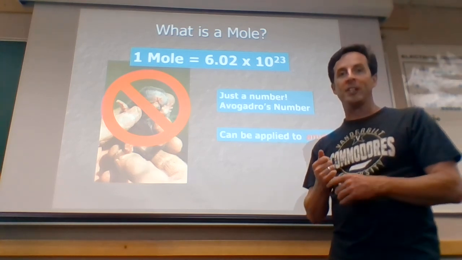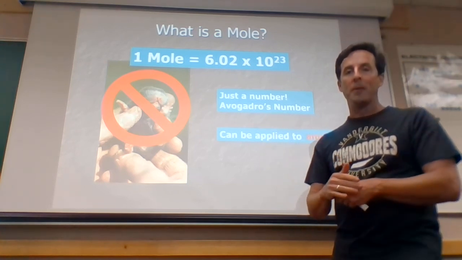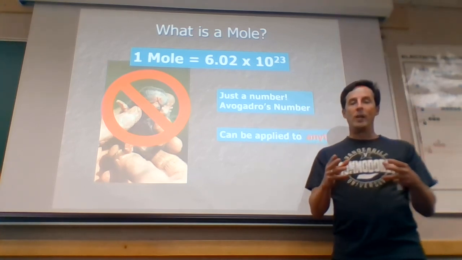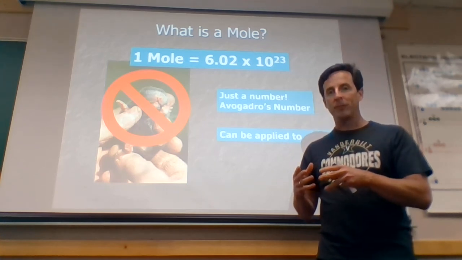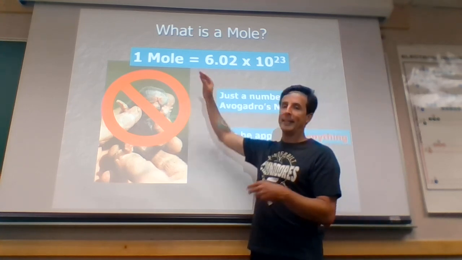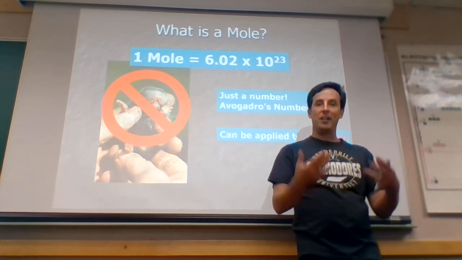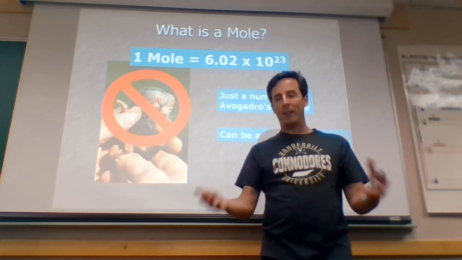If I say, there's a dozen people in the room, you know that means 12 people, right? So the word dozen, we have accepted that that word represents a number. In a similar way, the word mole in chemistry represents a number, 6.02 times 10 to the 23rd of anything.